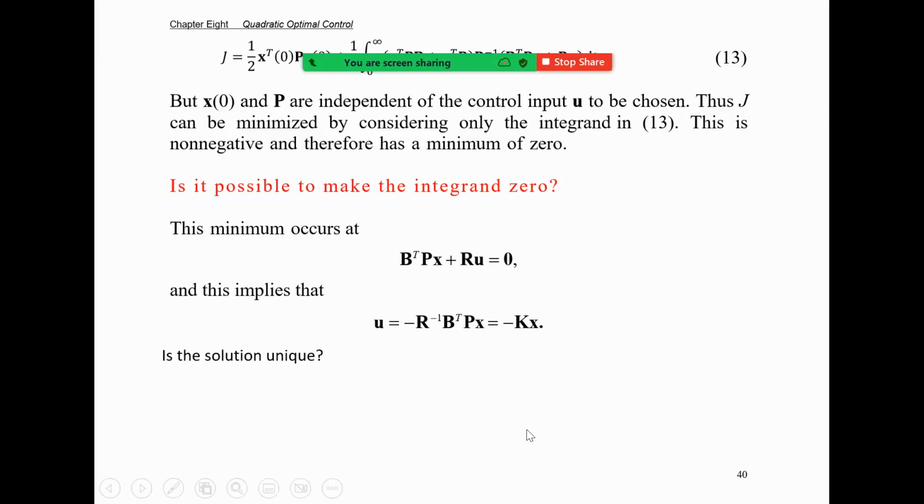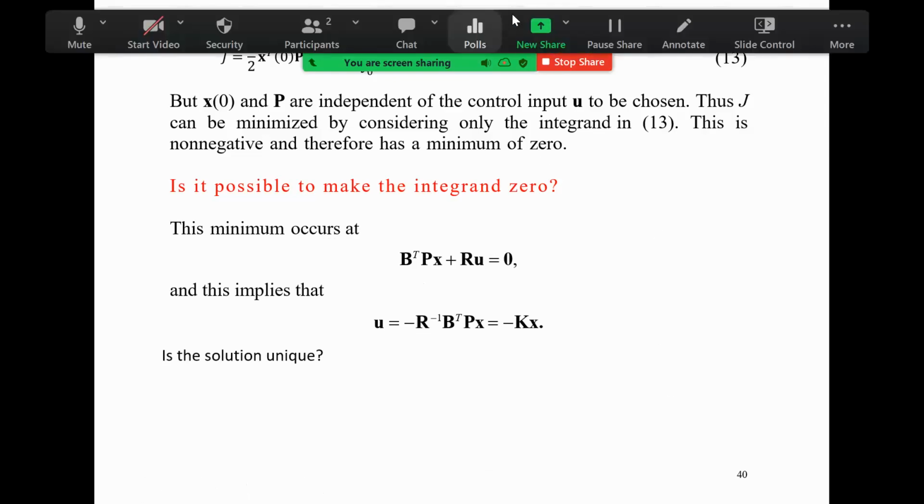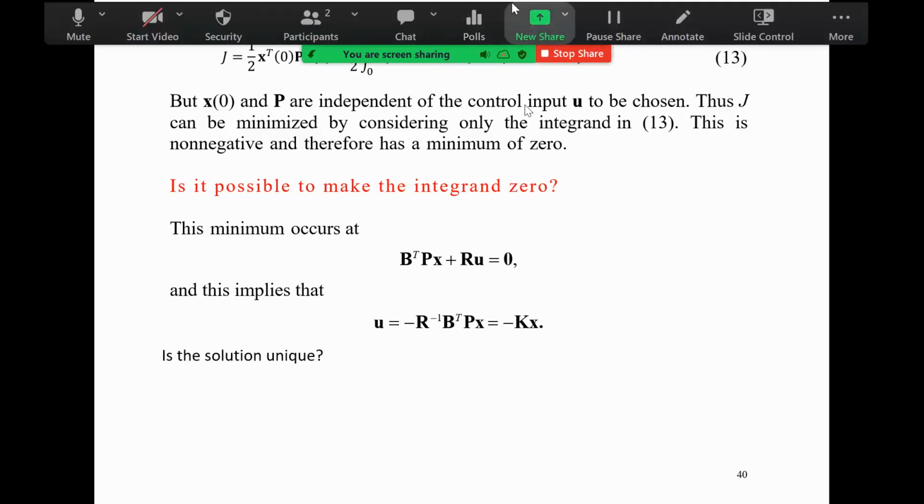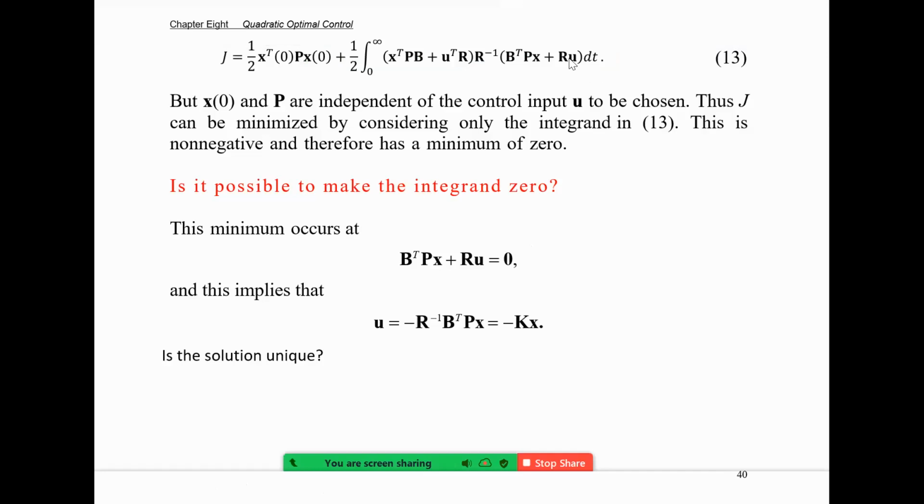Now, if you look at the way we solve this problem, remember, we choose the input in this way such that the whole integral is 0, because we know this whole integral has a minimum value of 0.